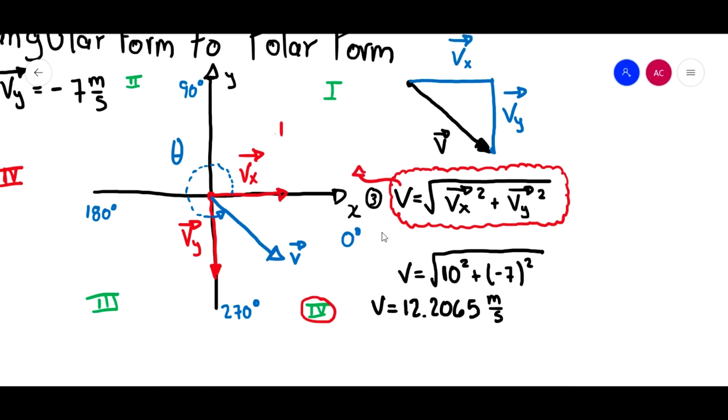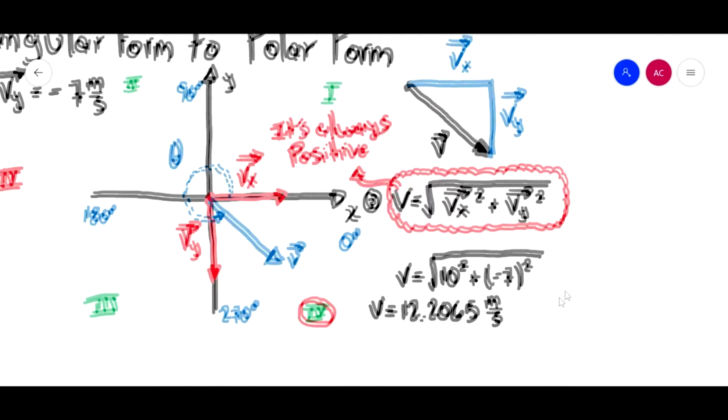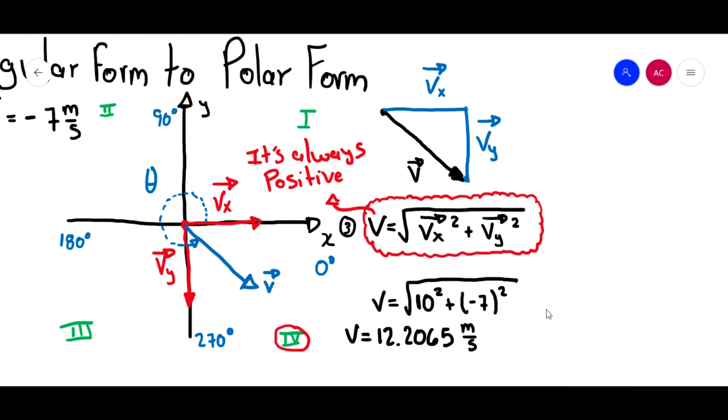It's always positive, because it comes from a square root, so the number inside of the square root cannot be negative. What about the angle? Let's find the angle. If you see, I've got this angle over here, and this angle that is here is this little angle.